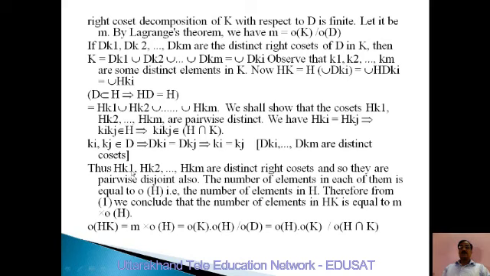Therefore Hk1, Hk2, and so on Hkm are distinct right cosets, so they are pairwise disjoint also.